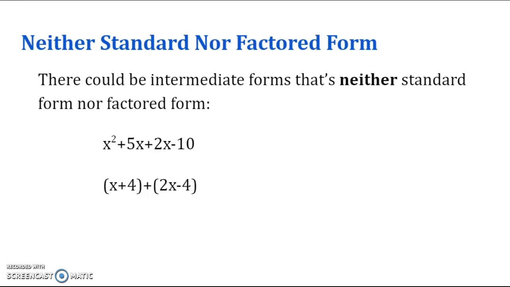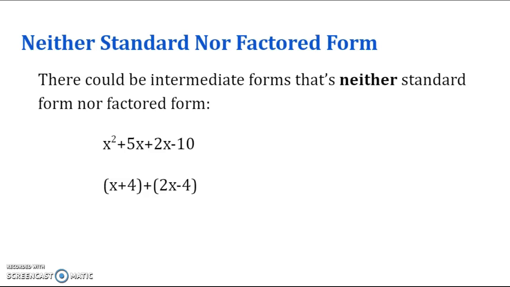So there could be intermediate forms that are neither standard form nor factored form. And we've used this. When you were using the grouping method, we split the middle term, the x term, into 5x plus 2x, right? And so this is not standard form because you have two x terms here. So this would not be standard form, and this is certainly not factored form.